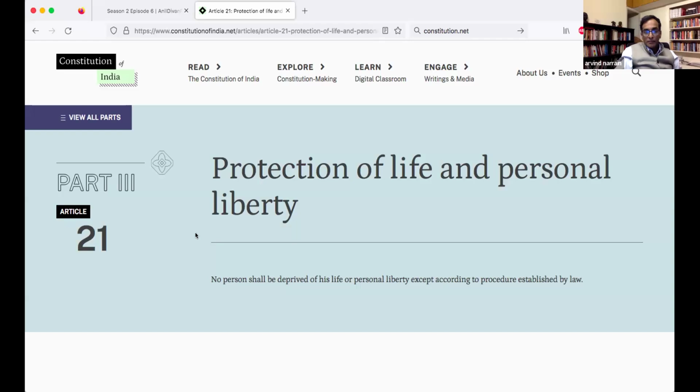No, but in the earlier one, they said all citizens shall have this. Here they say you will not be deprived of this. So do you think that makes any difference? They are ensuring the minimum. Okay, anything else?